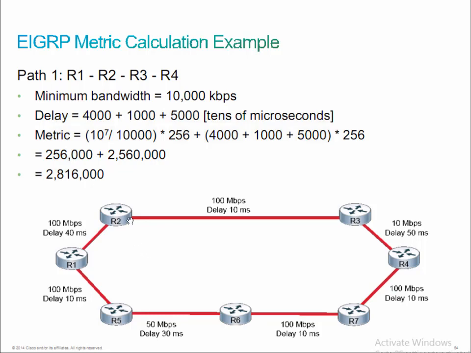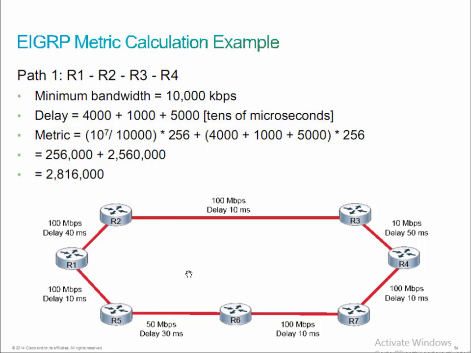I'm going to try and calculate the metric from R2 over to R4. Remember, it's from the neighbor to R4. That's the reported distance. So I'm going to try and make sure that the metric for the path from R2 over to R4 has a lower feasible distance, which becomes the reported distance to R1, than the path going this way. All right? So let's do that calculation.